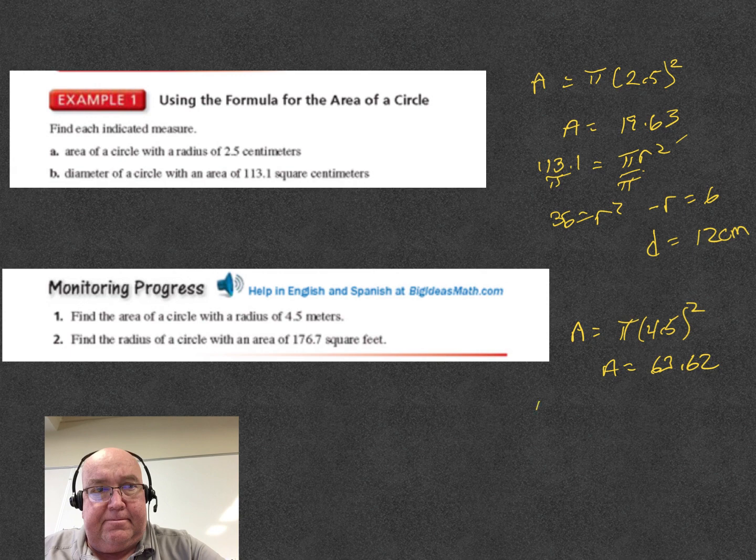So we're going to go 176.7 is equal to pi r squared. Divide by pi, and r squared is going to be equal to about 56.25. The square root of that is about 7.5.